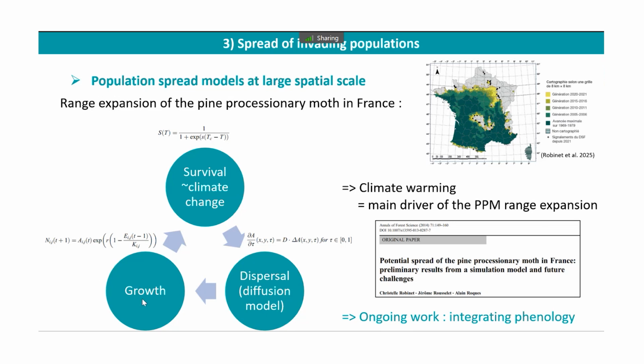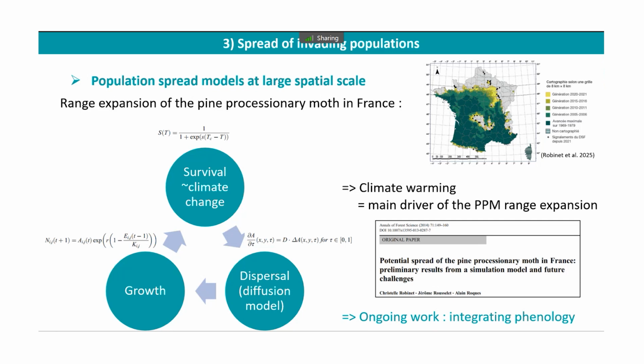With this model, we have been able to show that climate warming was the main driver of the pine processionary moth expansion in France. I did some simulations with real weather data, and with data representative of the weather in the past. With this historical temperature, we can see that the pine processionary moth was not able to expand.